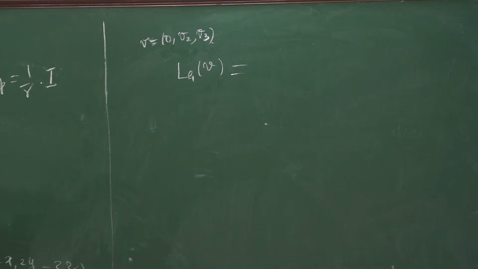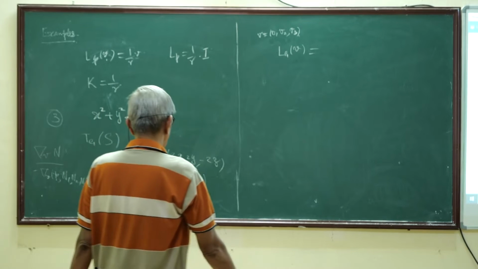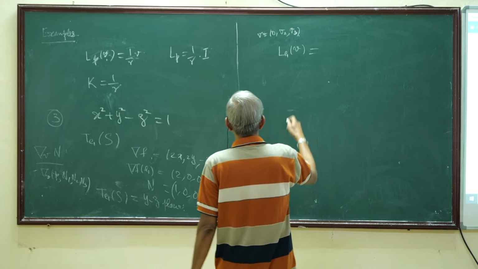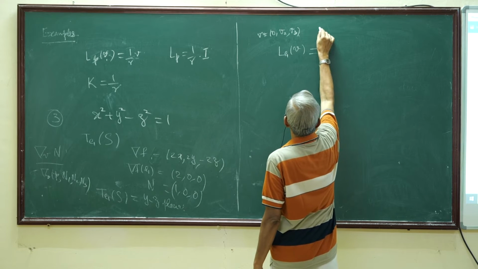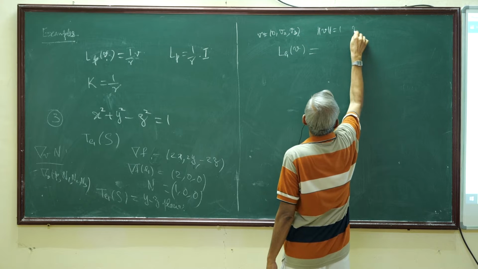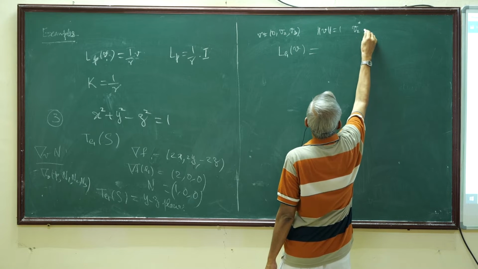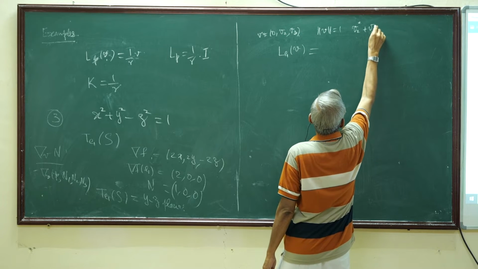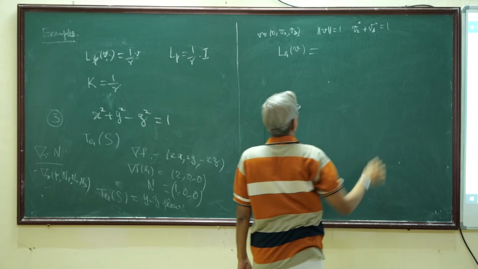V is a tangent vector, so V is a vector in the YZ plane. So V is of the form (0, V2, V3). Now you can take the unit vector. So norm V is 1, then V2 squared plus V3 squared equals 1.